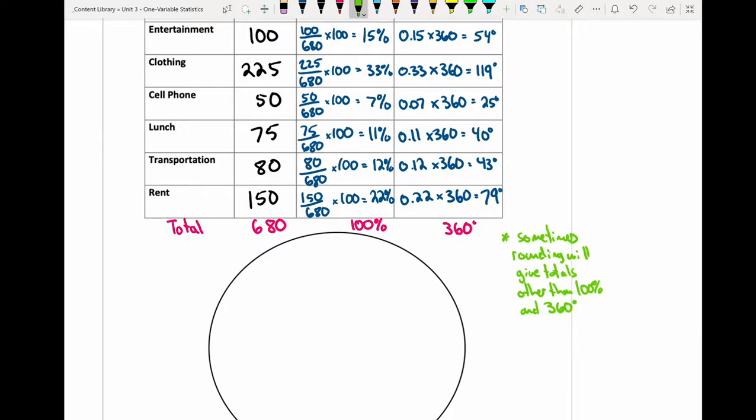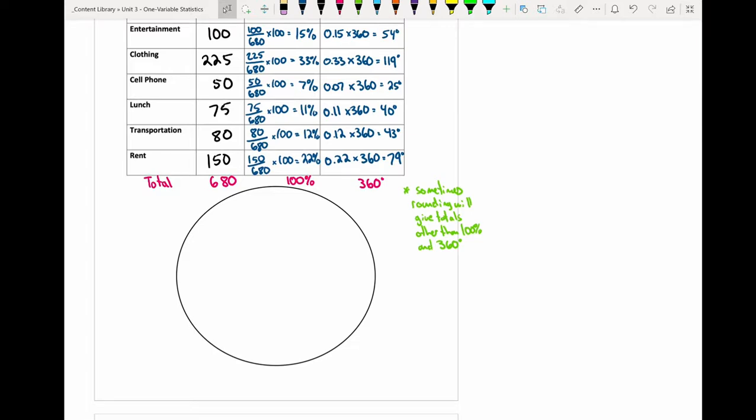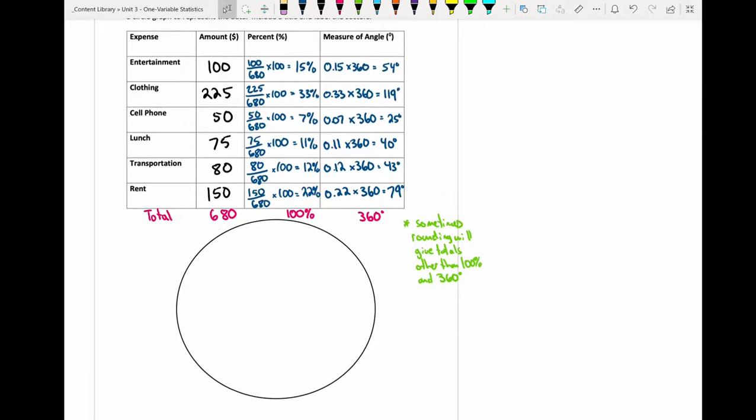So depending on how you round, you may have values that are slightly above 100, slightly below, or slightly above 360, slightly below. As long as they're very close, then it's fine, and you should recognize that it's just a rounding error.